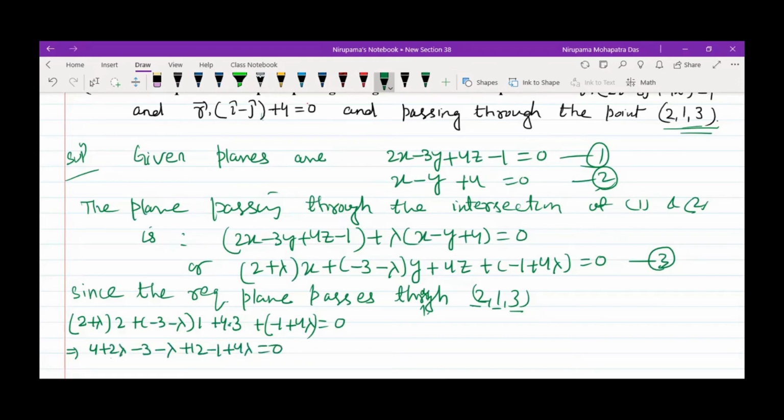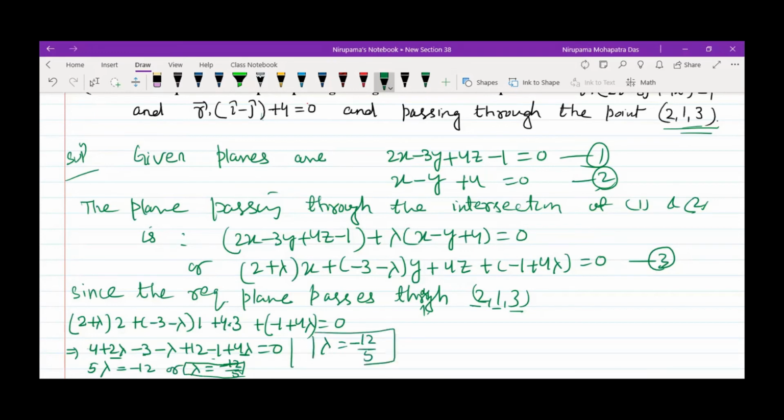So 2 lambda plus 4 lambda, 6 lambda minus lambda, 5 lambda. Here minus 3 minus 1 plus 4 cancel, so plus 12 means 5 lambda equals minus 12, or lambda equal to minus 12 by 5.